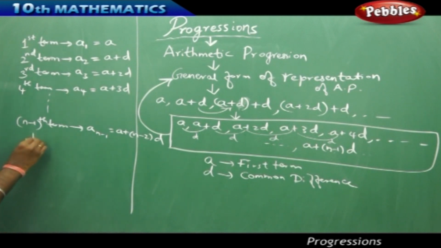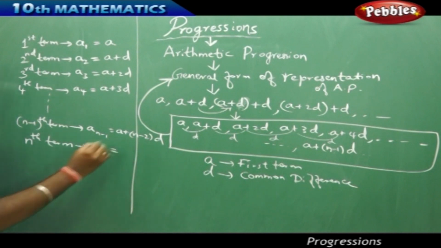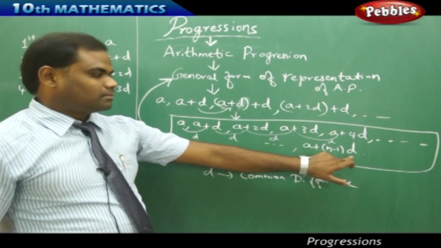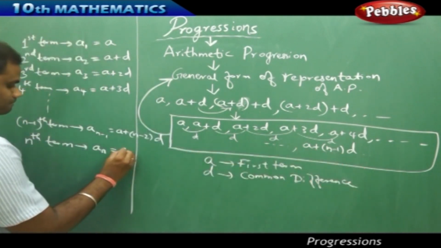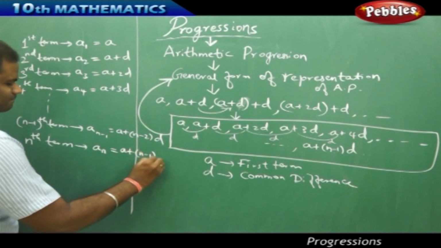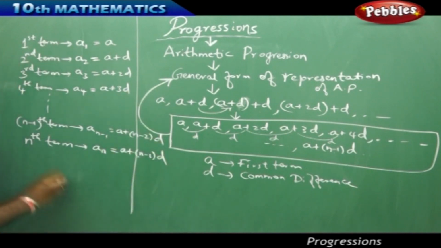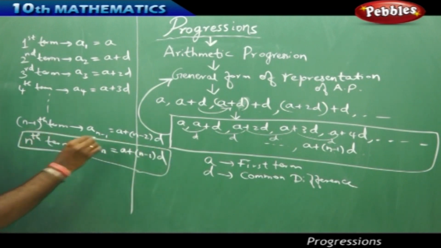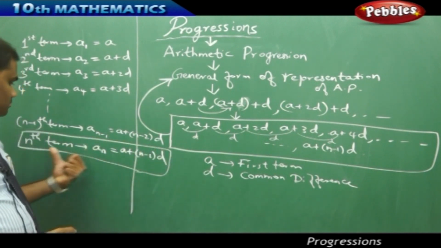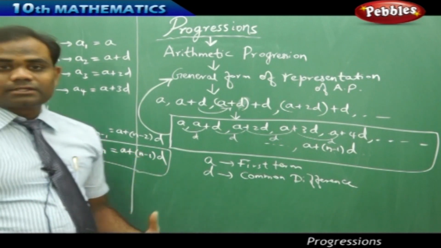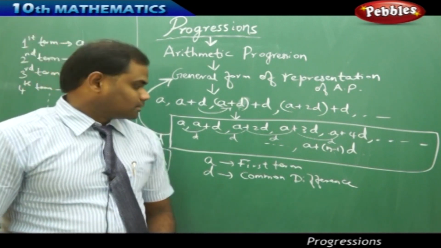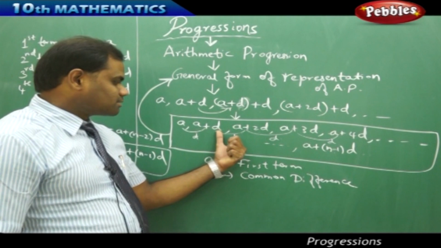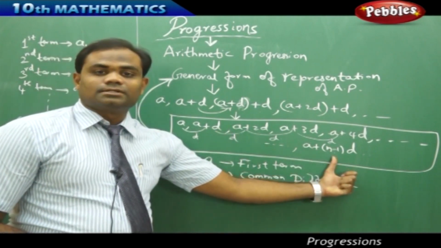So finally, my last term, which is the nth term, is an equals a plus n minus 1 times d. This is how we identify the formula in general. The nth term is an equals a plus n minus 1 times d. The first term is a, the common difference is d, the nth term is this.